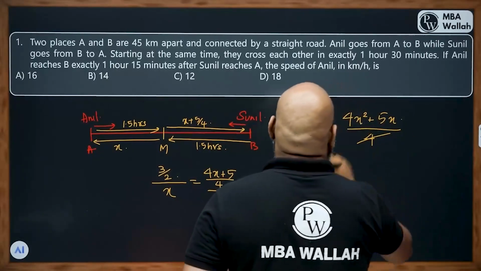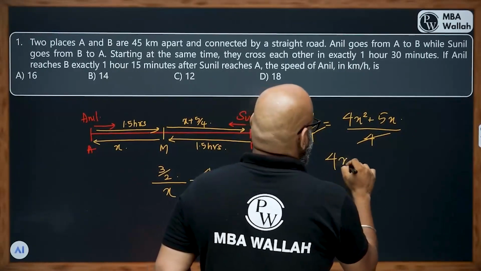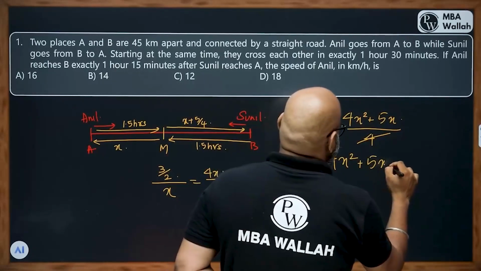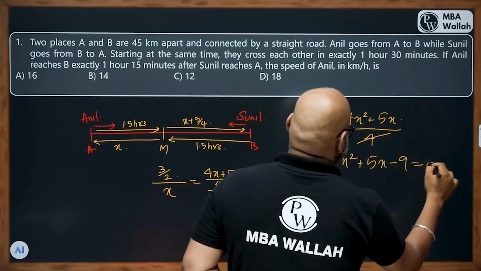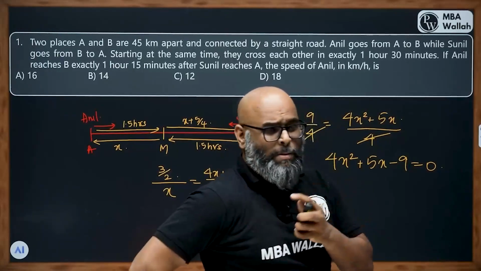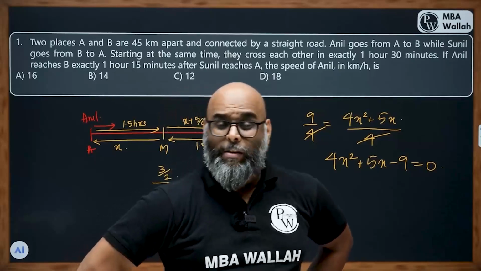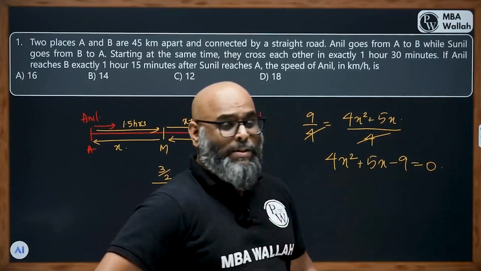I can cancel this out. I will happen to get 4x square plus 5x minus 9 equals 0. Product is 36. Sum is plus 5. 9 and 4 works. 9 into 4 is 36. Difference is 5. I need plus 5 here.